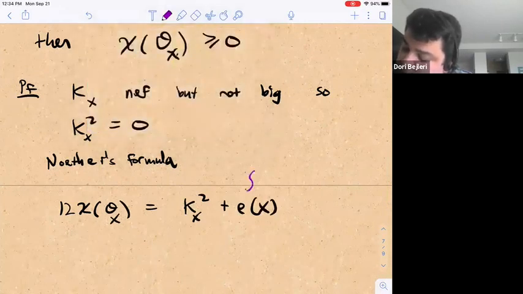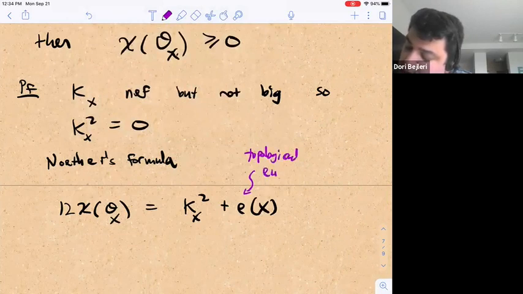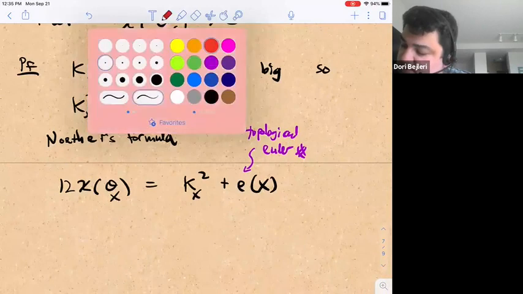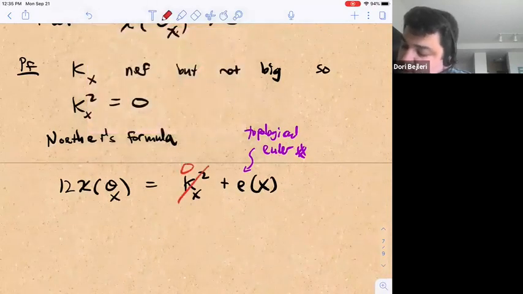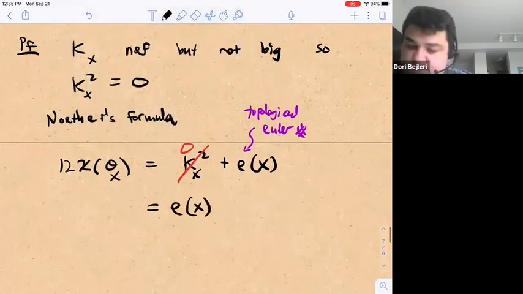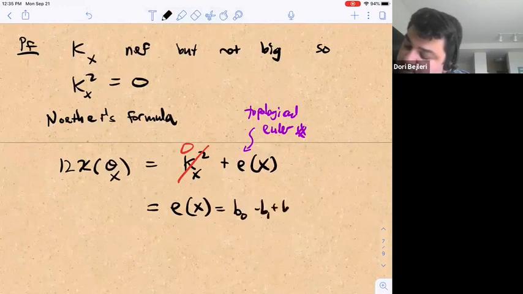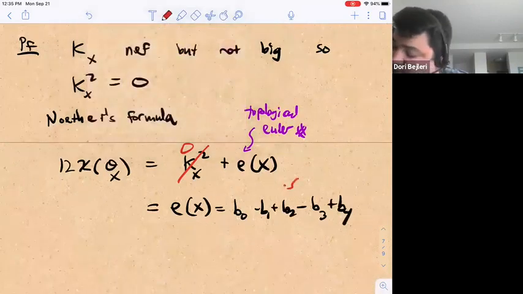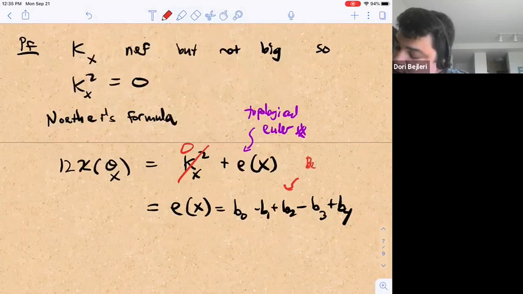So this is topological. Okay, and now we know that K_X squared is 0. So this is just e(X), which by definition is B0 minus B1 plus B2 minus B3 plus B4, where these are the dimensions of the singular cohomology groups, or the Betti numbers.